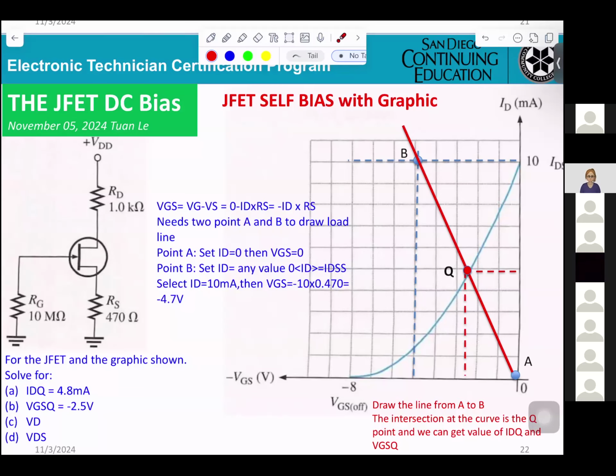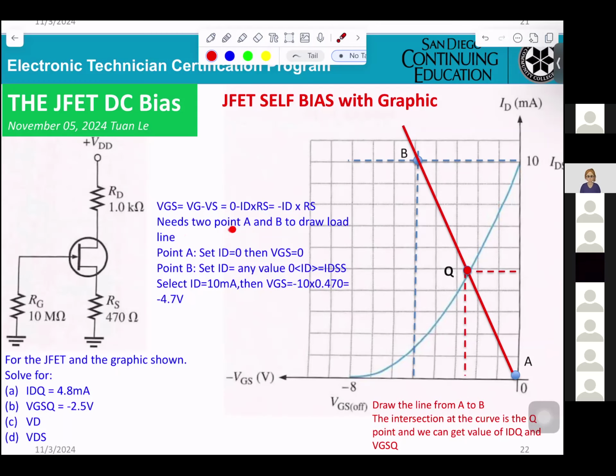VGS equals VG minus VS. They gave you VG 0, so minus ID times RS. VS means IS times RS. IS and ID are the same. So that's why it's minus ID times RS.